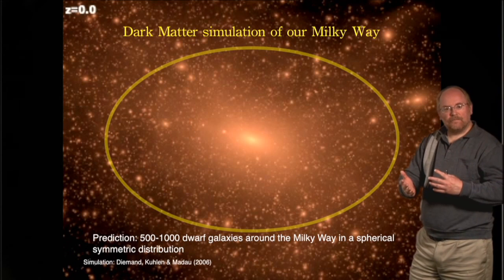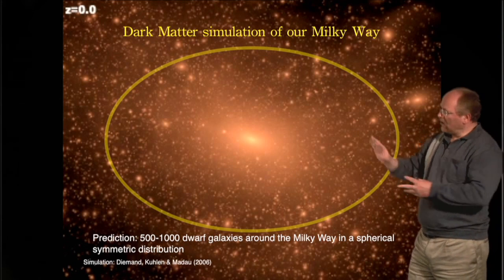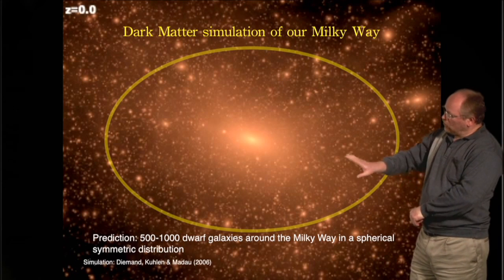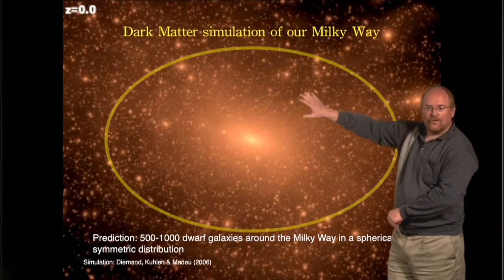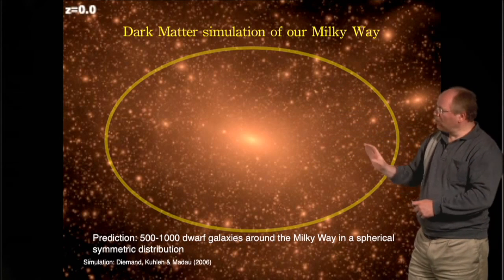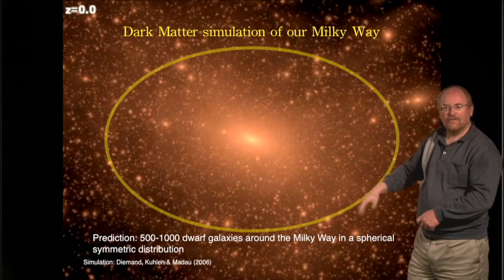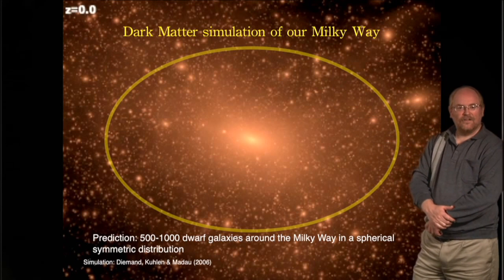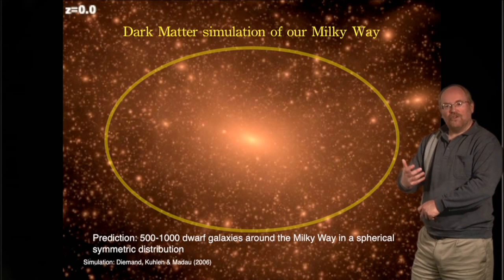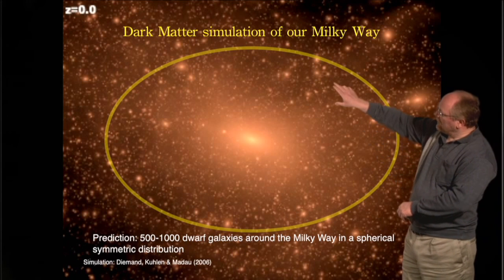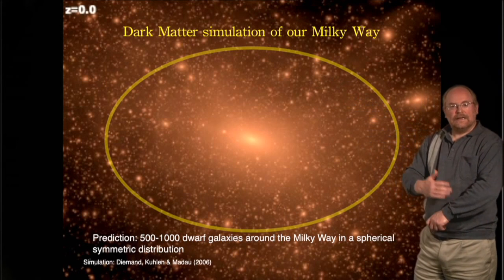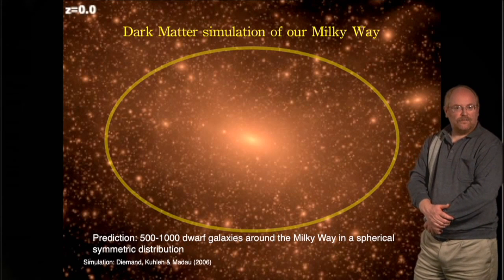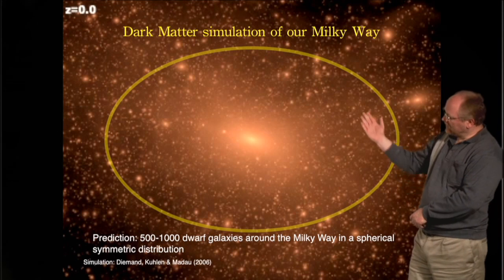And there are two fundamental observations that come out of these supercomputer simulations. Namely, the number of dark matter subhalos that we expect around the Milky Way: about 500, if you do a head count, between 500 and 1,000 dwarf galaxies, objects that look very small because of this dark matter size, are expected around the Milky Way and distributed in a spherically symmetric distribution, as you can see here.